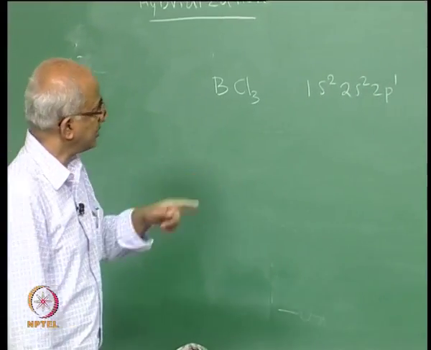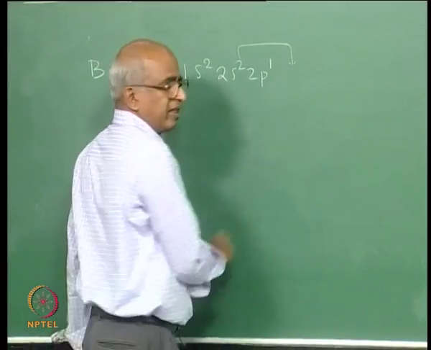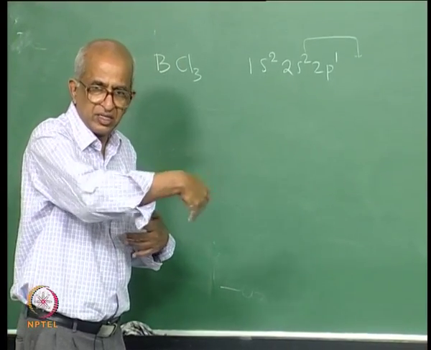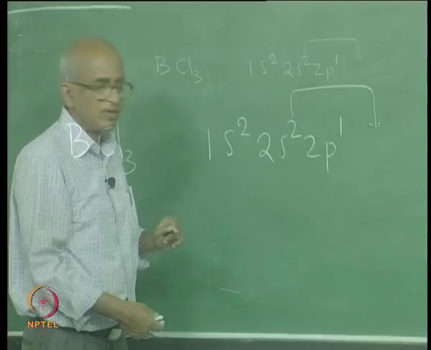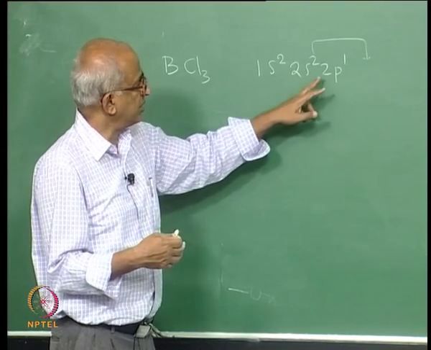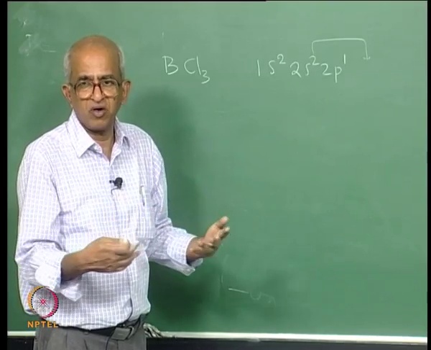Therefore, just as in this case, one electron is promoted, and so you have 2 unpaired electrons in 2p orbitals and 1 unpaired electron in the 2s. So, the 2s and the two 2p orbitals may be mixed together to give you hybrid orbitals.